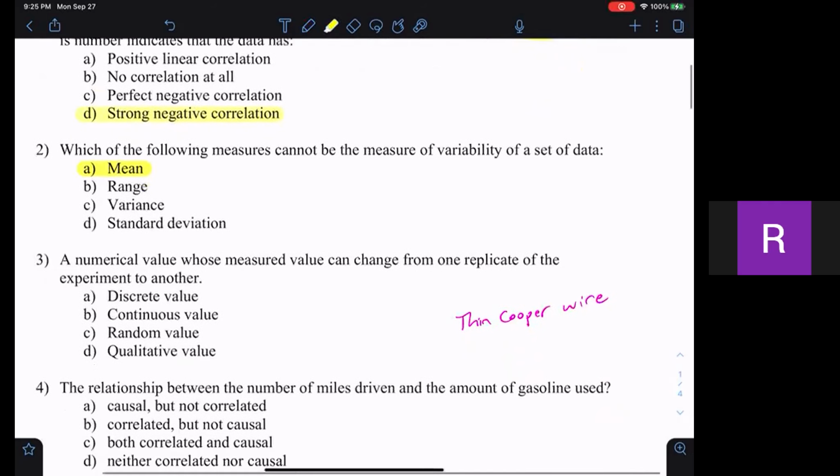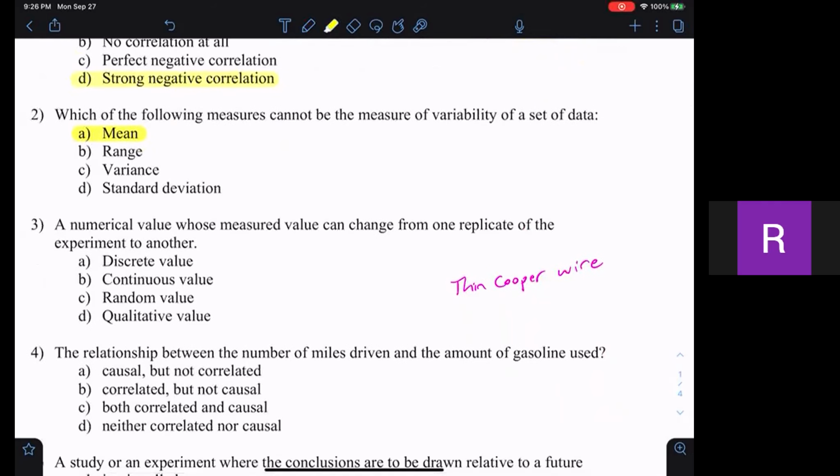Next, a numerical value whose measured value can change from one replicate of the experiment to another. This is the same thing as a random variable. We talk about this many times. If you measure the current in the thin copper wire that I put here, the first time it gives you a numerical amount, and the second time that amount is going to change, and the third time too.